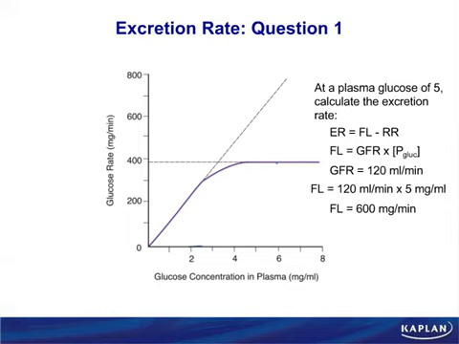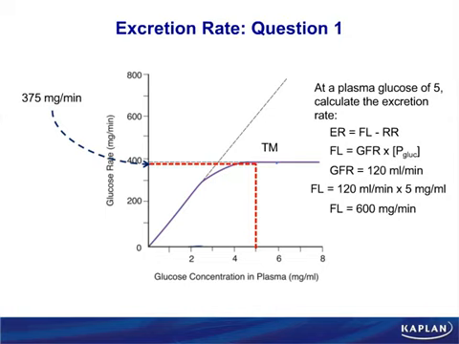That's your filtered load. At a plasma glucose concentration of 5, what is your reabsorption rate? You are reabsorbing at transport maximum. Therefore, the answer is the reabsorption rate is 375 milligrams per minute.